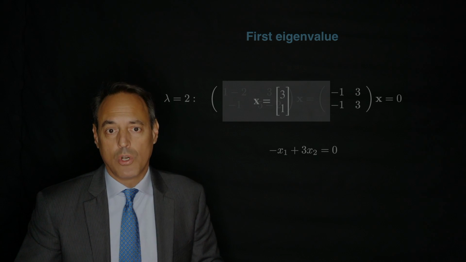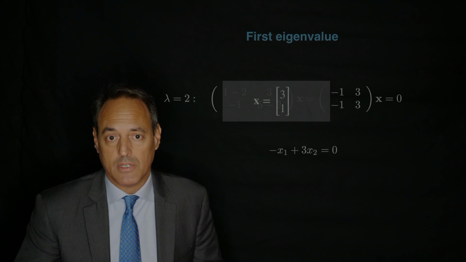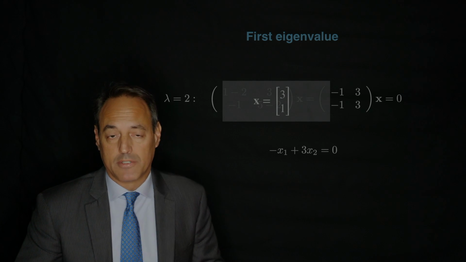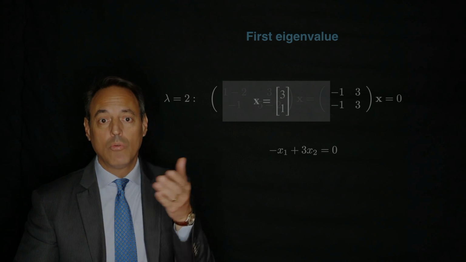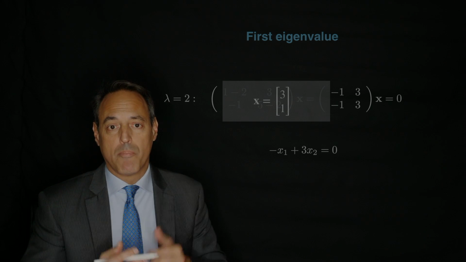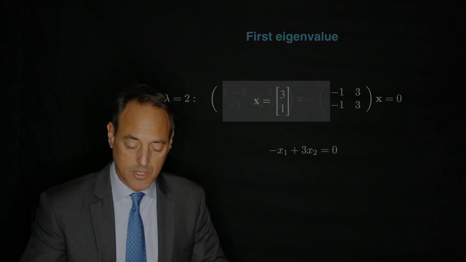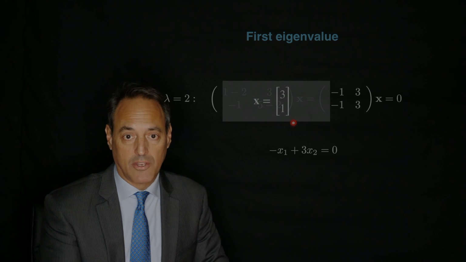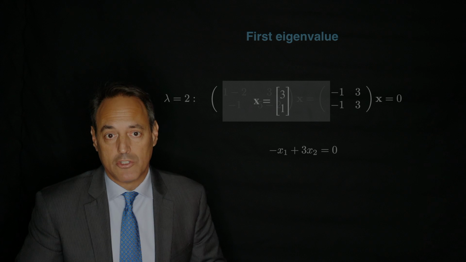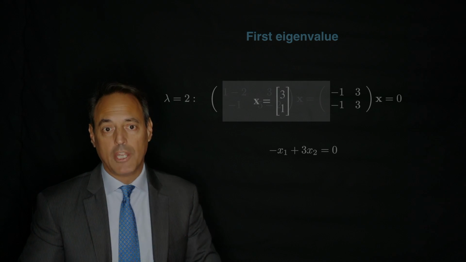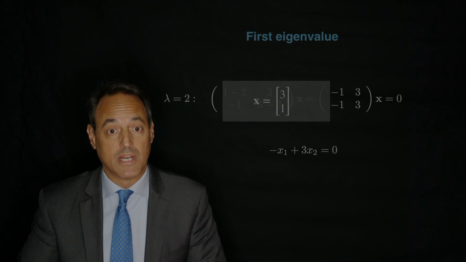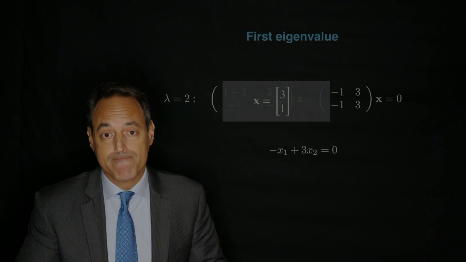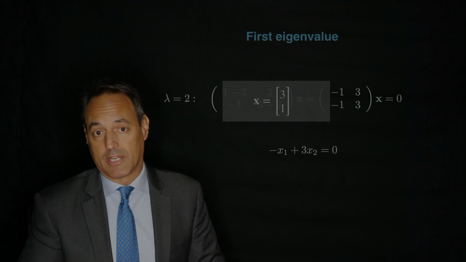Okay? Now, of course, there's an infinite number of choices here. I've picked this eigenvector, but you may pick your own eigenvector. So to make them compatible, oftentimes people will pick an eigenvector like this and then normalize it to unit length. That way, your pick of an eigenvector would match my pick of an eigenvector up to a sign change, okay? So that's how we would get an eigenvector.